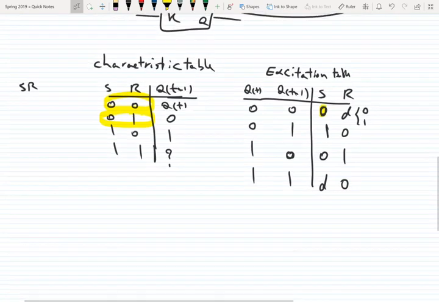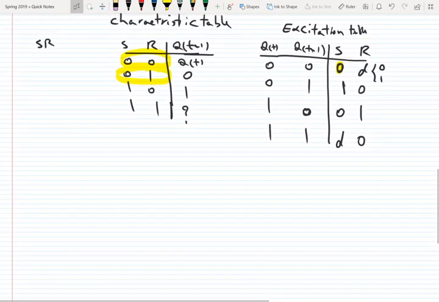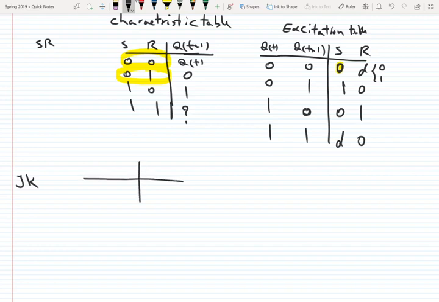Okay, so let's move on and try to find the excitation table for the JK flip-flop. For the JK flip-flop, first let's write the characteristic table. J, K, Q of t plus 1. 0, 0, 0, 1, 1, 0, 1, 1.